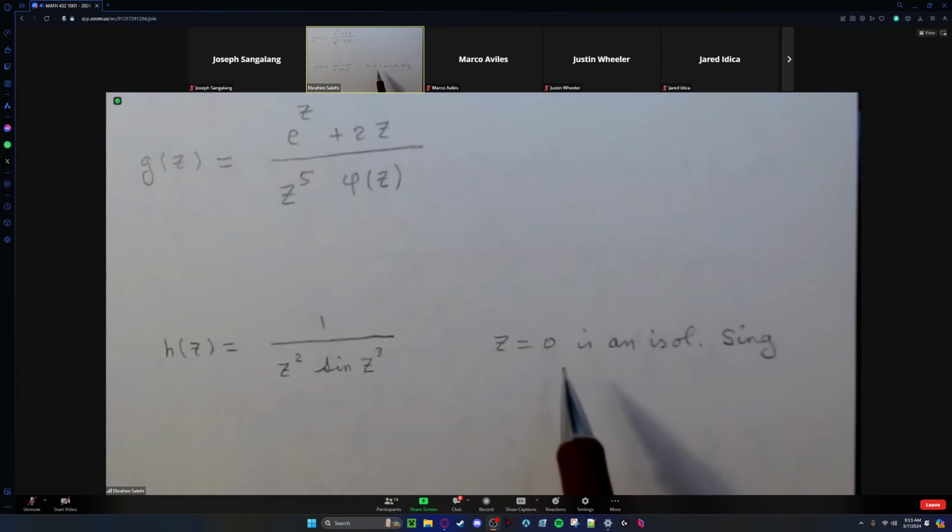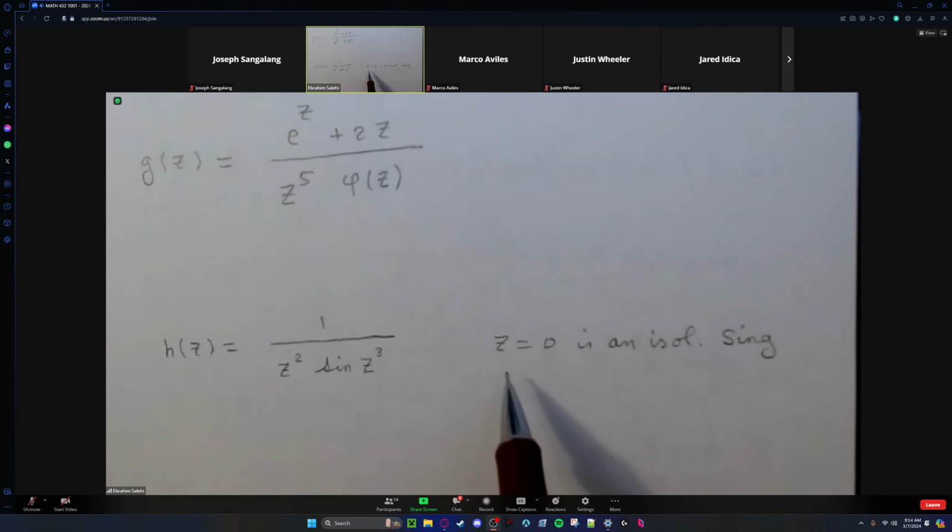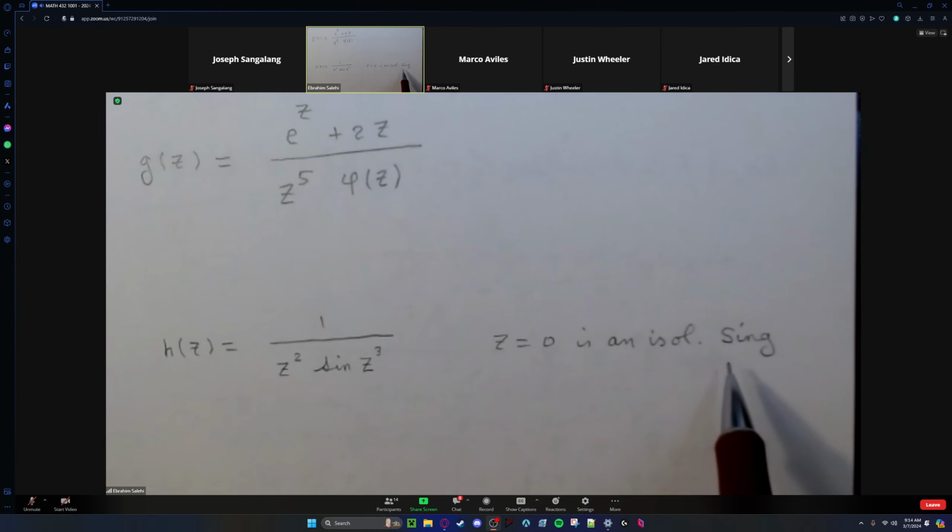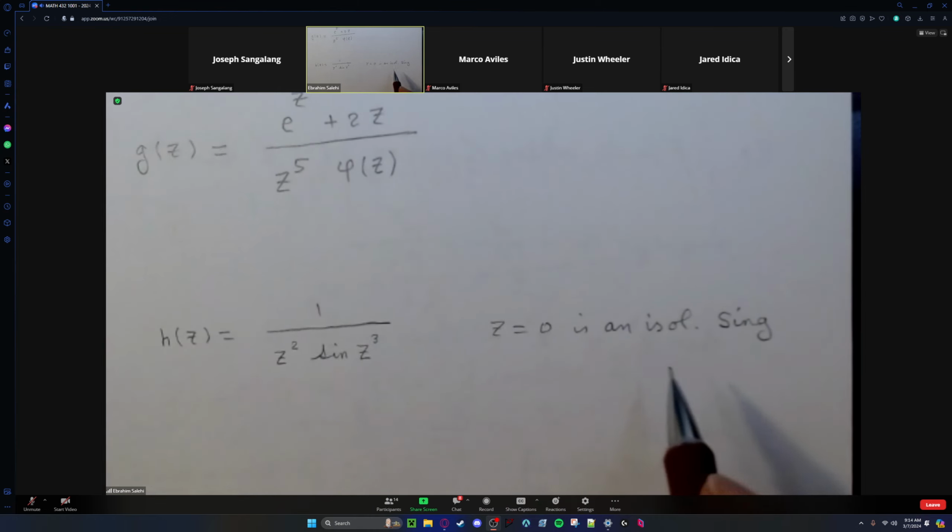The question is, okay, now that it is an isolated singularity, is it removable? Is it a pole? And if it is a pole, what is its order? Or maybe it is an essential singularity. We need to figure it out.